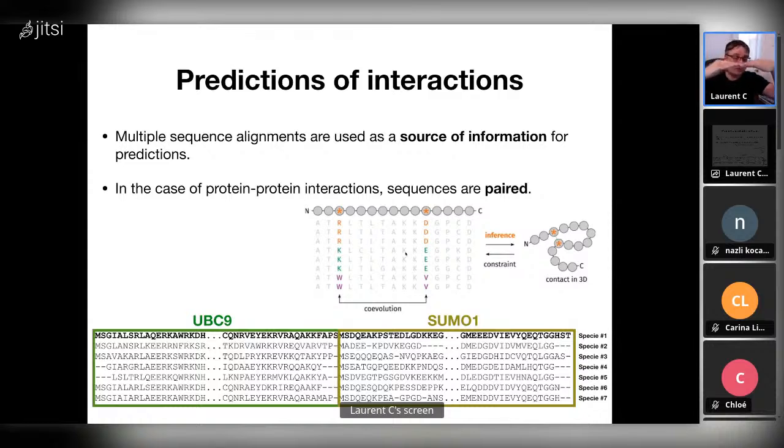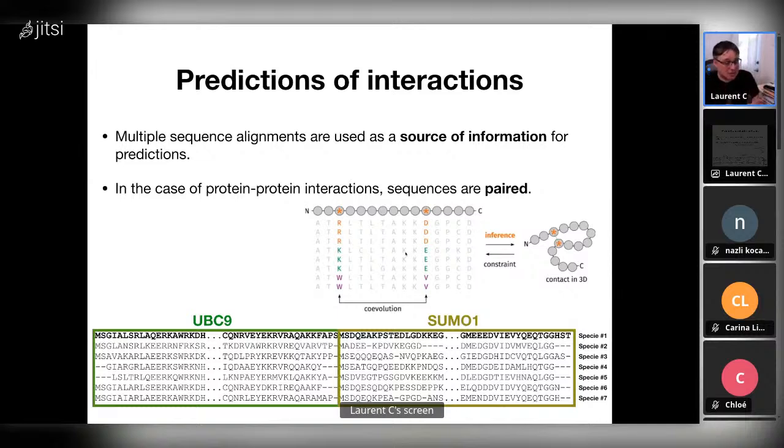And AlphaFold will look in different species for the closest protein for each of your proteins of interest, and it will try to find coevolution patterns between your two proteins of interest.